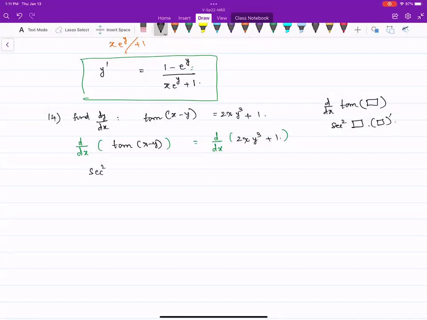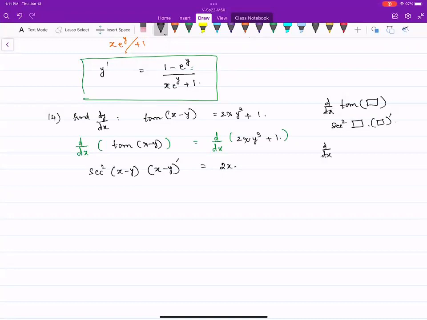The outer derivative is secant squared, keeping the inner function as is, then times the derivative of the inside, which is (x minus y) prime. Here, on the right it is 2xy cubed. We can consider this as 2x times y cubed, so I'll write it that way and use the product rule.